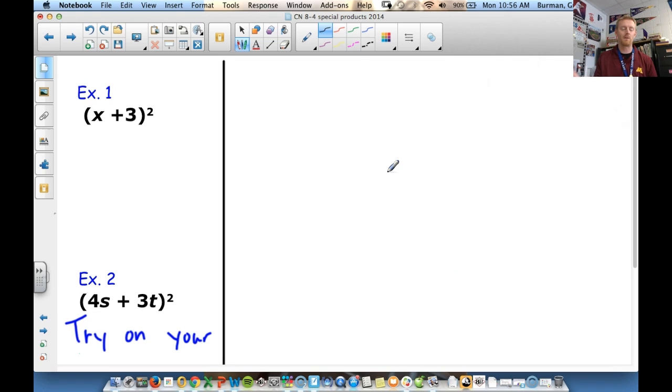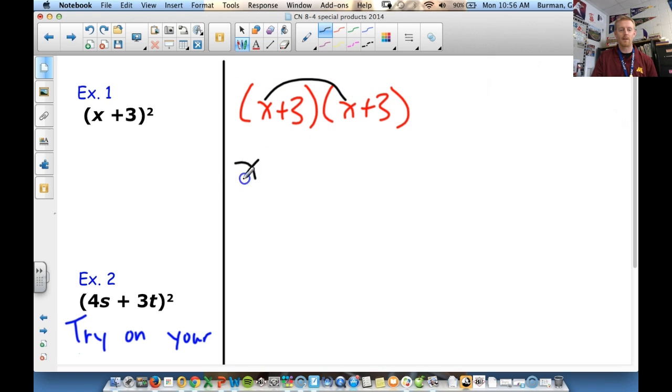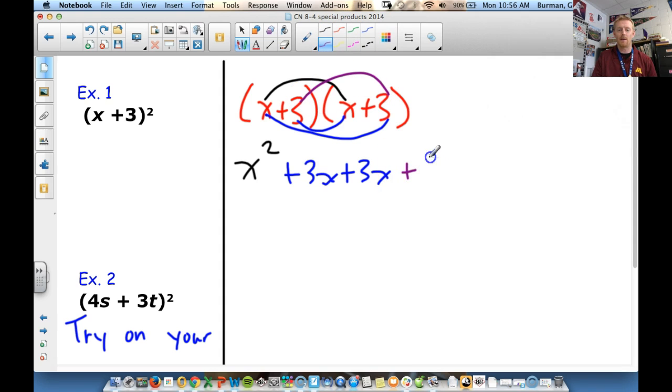So here's our very first example. We can see we have (x + 3) times (x + 3). We do our firsts, which makes an x squared. Our outers, which makes a 3x, and our inners, which makes a 3x. And our lasts, which make a 9.